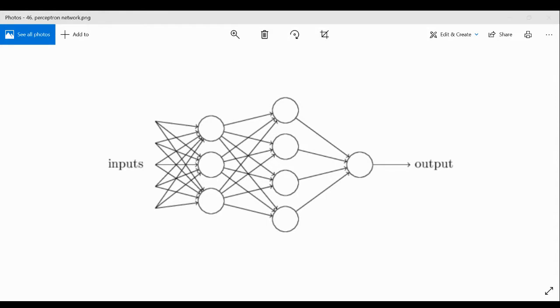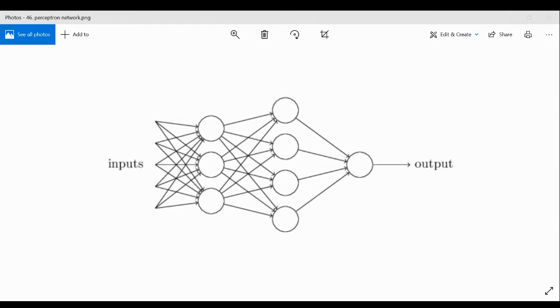So we have the inputs come in, they go to a first hidden layer of perceptrons. Those perceptrons process the information, send them to a second hidden layer of perceptrons. Those perceptrons process the information, send them to the output layer, which generates an output. So very similar to the examples we looked at last week, just now with multiple perceptrons joined together in multiple layers. The information is all moving in the same way, as we've seen.